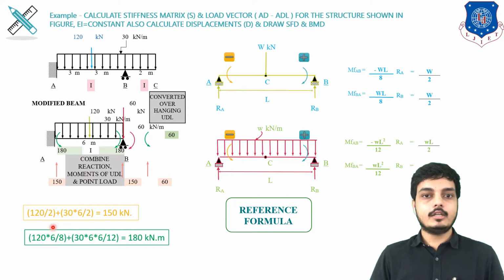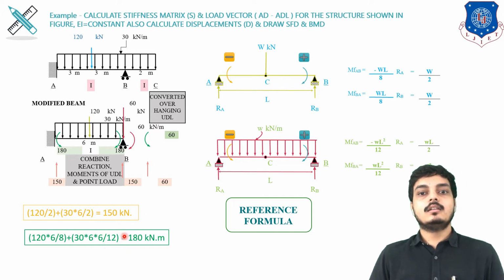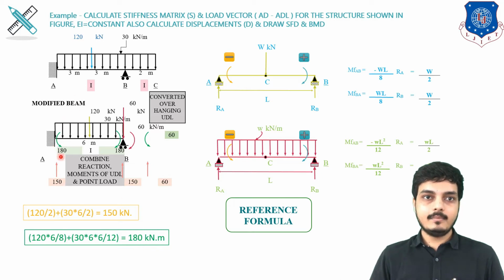So 120 into length 6 divided by 8, plus WL square by 12, 30 UDL multiplied by 6, its length, into 6 by 12. Ultimately the summation of these gives 180. So at AB we will keep these two moments. MFAB will be negative, so anti-clockwise, and MFBA will be positive, so clockwise.